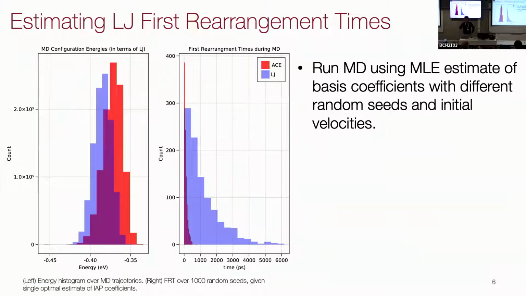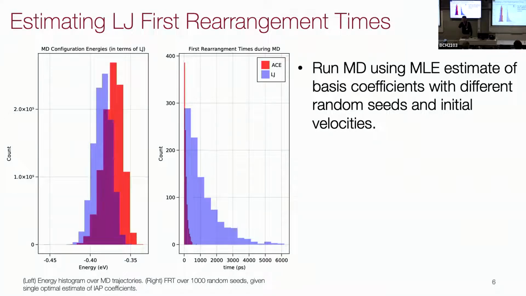But of course, the moment you try to run long-range molecular dynamics with this, you understand that actually I'm not doing a very good job of fitting my potential energy surface at all. In fact, I have quite significant bias if I look at the energy over my MD trajectory, and that results in a dramatic underestimation of my rearrangement time.